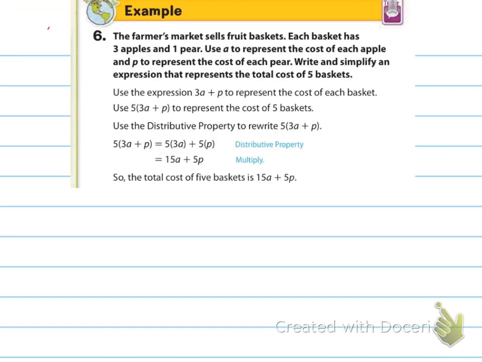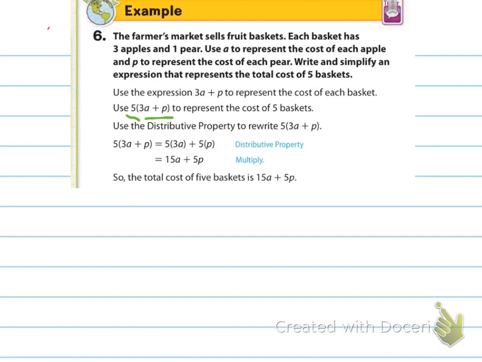Example number 6. It says the farmer's market sells fruit baskets. Each basket has 3 apples and one pear. Use A to represent the cost of each apple and P to represent the cost of each pear. Write and simplify the expression that represents the total cost of 5 baskets. So we know that we're going to have 5 baskets, and in each basket we're going to have 3 apples and 1 pear.